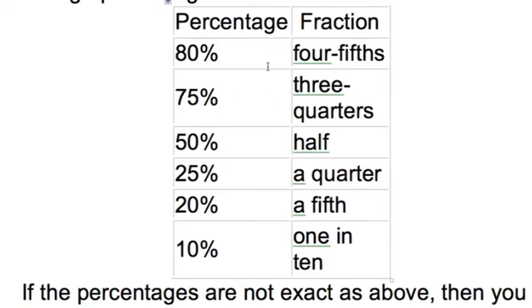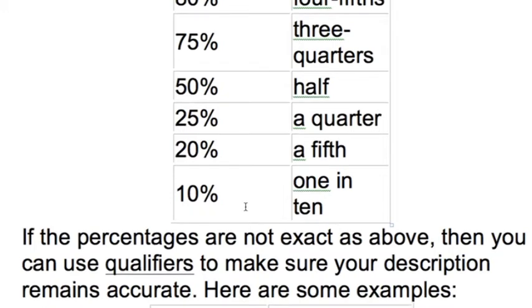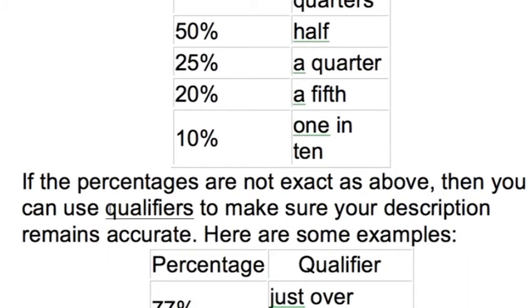And if the percentages are not exact as above, supposing it is 24 or 26 or 27, or here it is 19 or 21, then you can use qualifiers. You can use qualifiers to make sure your description remains accurate, right? So again we are going to talk about qualifiers.